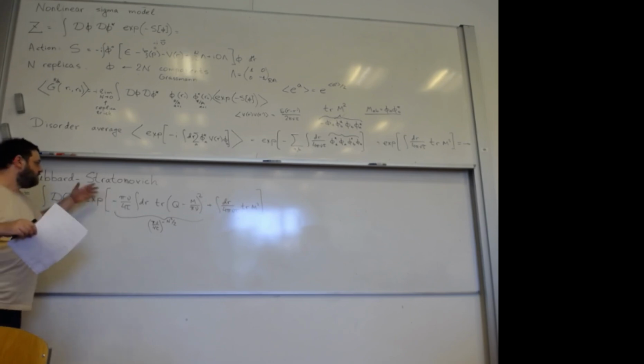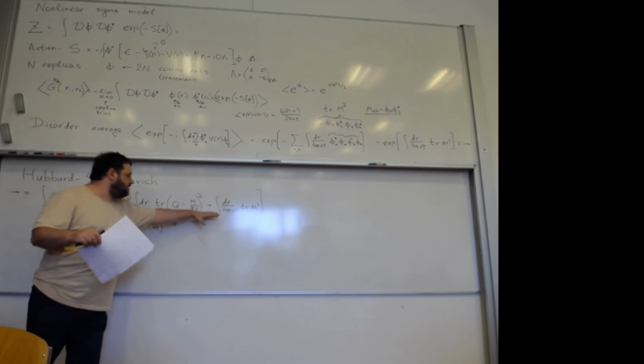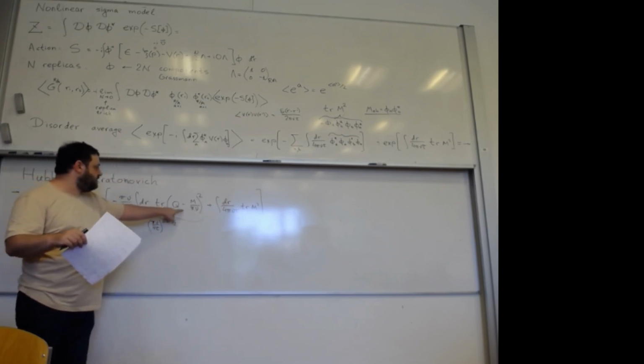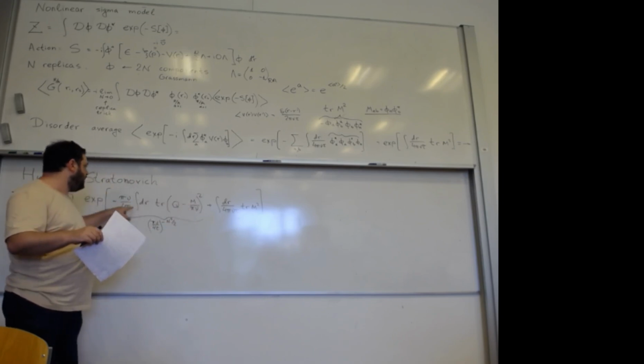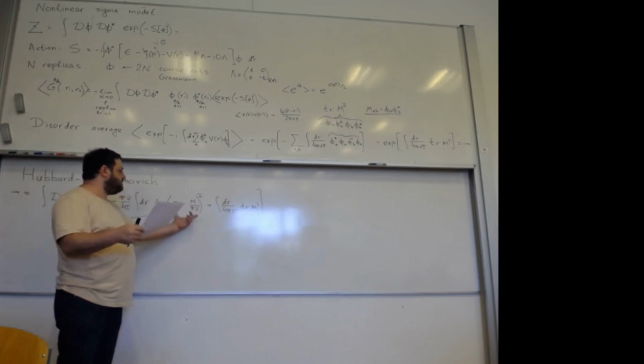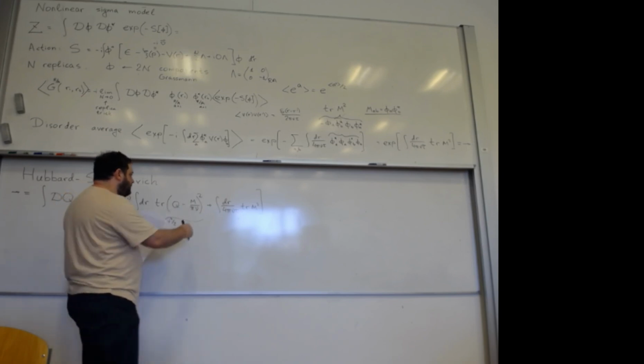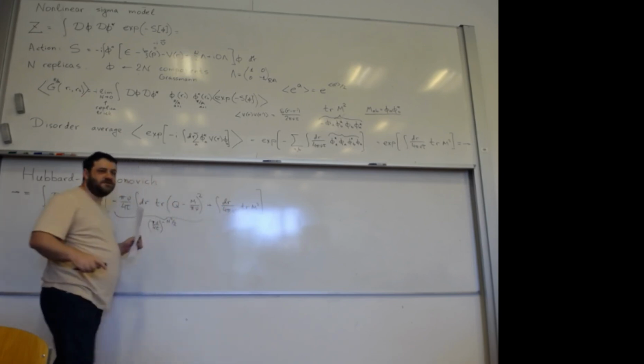Now, why I did it this way: I shifted this q variable by the matrix M, and now if you expand this square, you will see that the m squared term cancels against this term.